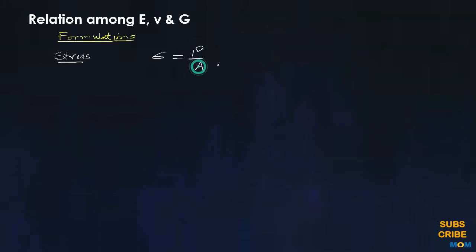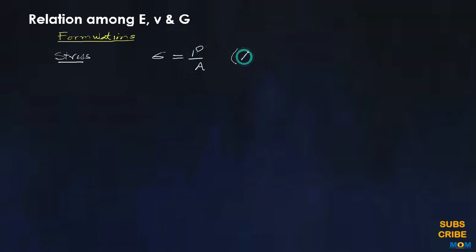Now let's see the relationship among Young's modulus, Poisson's ratio, and modulus of rigidity. First, we look for the formulations which we have done so far. We have discussed the stresses, which is expressed as sigma is equal to load upon the cross section area.